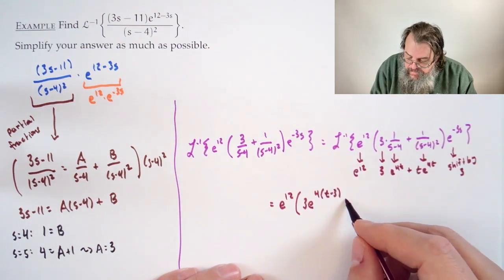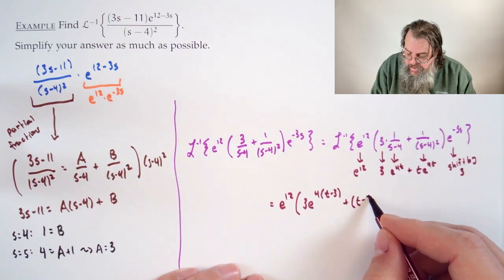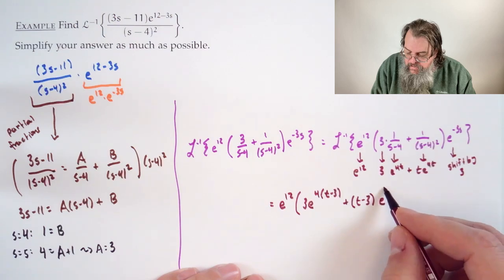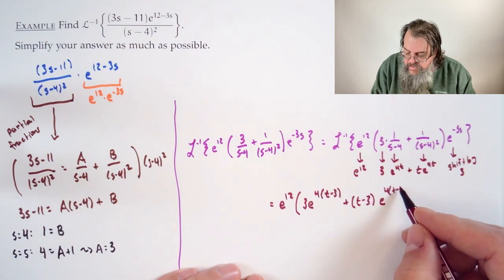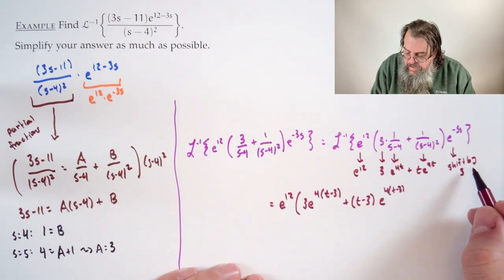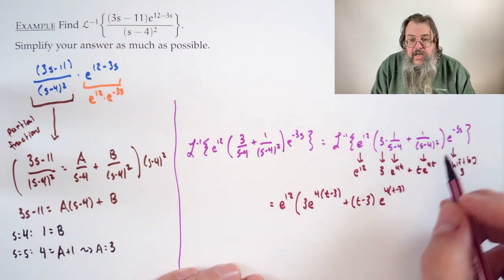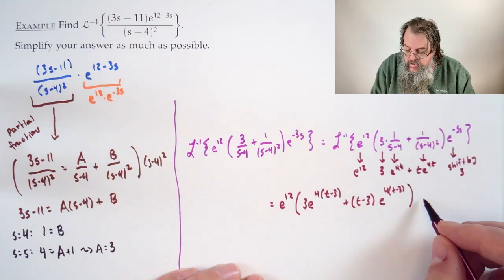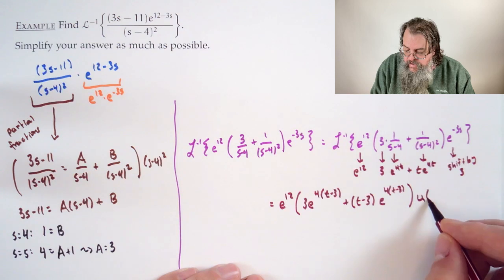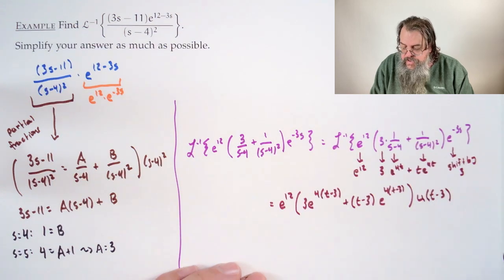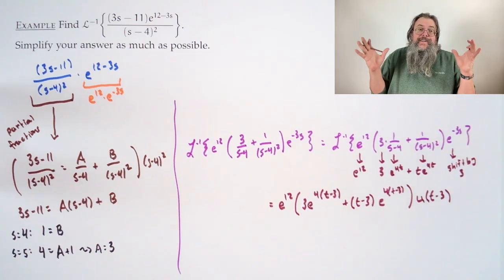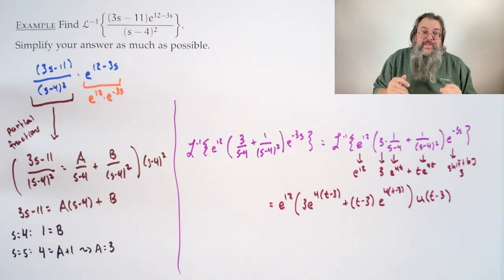And then plus t minus 3 e to the 4 t minus 3, because we have to shift by 3 everything that's attached to that. All right, and then remember we also have our on-off switch. Now, this is our inverse Laplace.